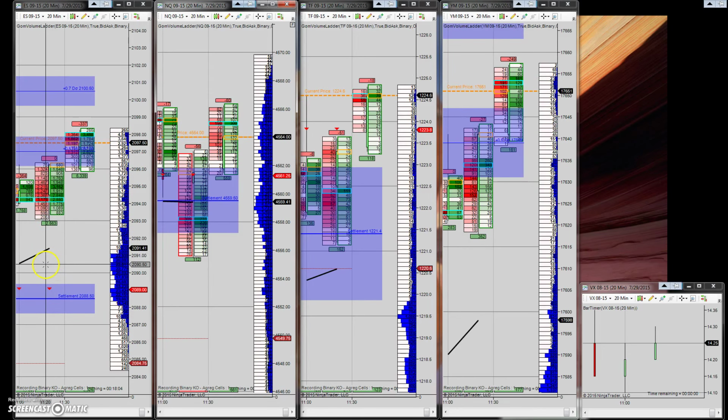Now, a perfect storm for this whole thing is the slant of the moving average. I like for them all to be slanting in the same direction. So the Dow, the Russell, and the S&P are all slanting up, which is good. And the Nasdaq is pretty flat right now, which is okay too.